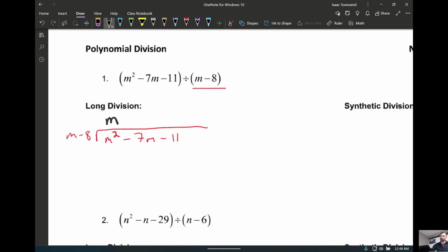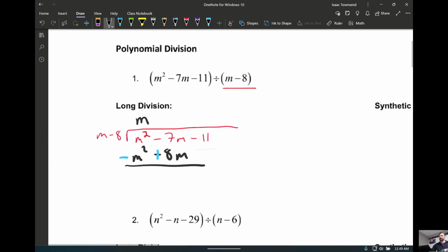So what I suggest that you do, as soon as you're done multiplying, m times negative 8, change these signs and add instead. So every time you finish multiplying, and I'll do that in blue every question we do together today, and then that way you really are subtracting it, you've just distributed it right away before you forget.